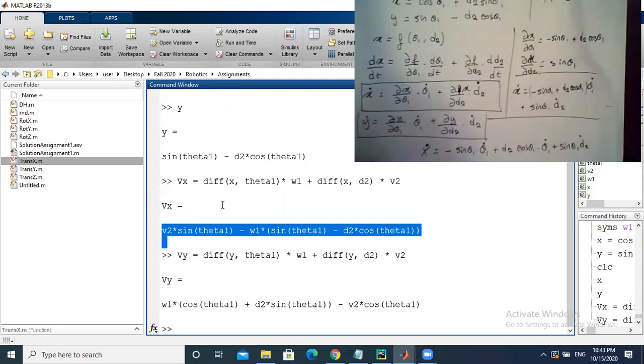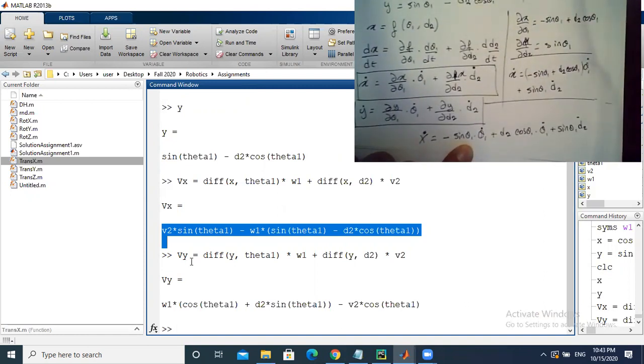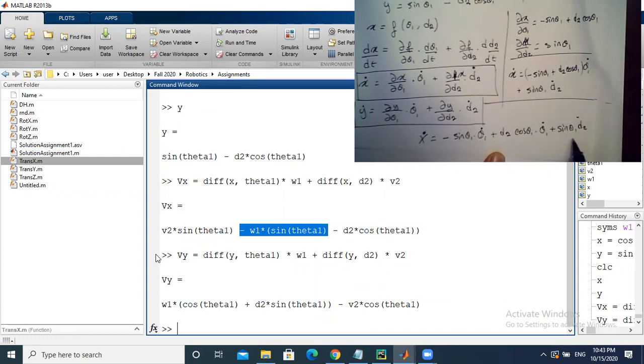So if you compare these, the first one, minus sine theta 1 times theta 1 prime, is here. This is the first term. The second term is d2 cosine theta 1. Okay, so this term is correct, sine theta 1 times d2 prime, this guy is good.